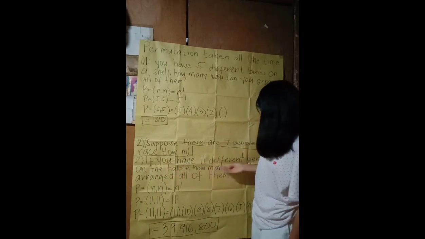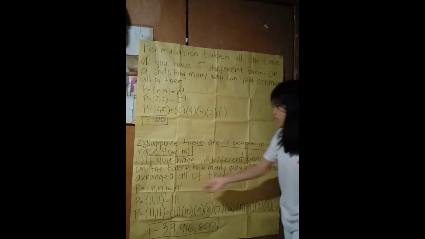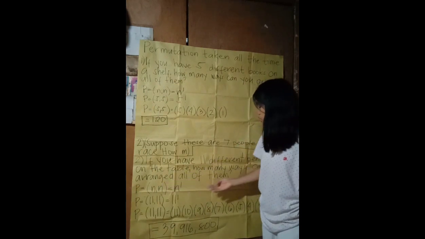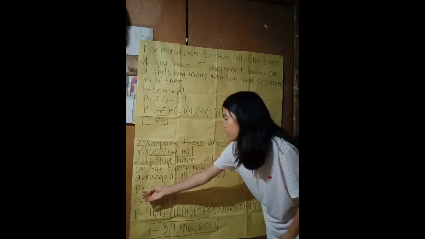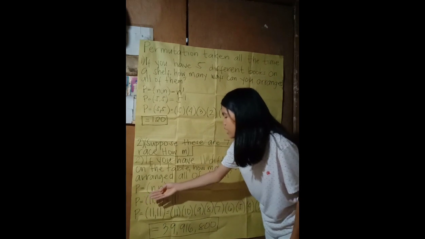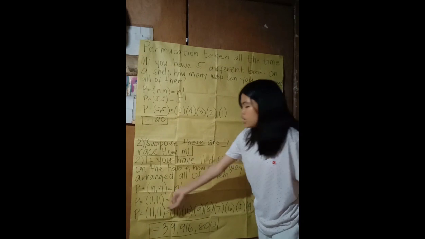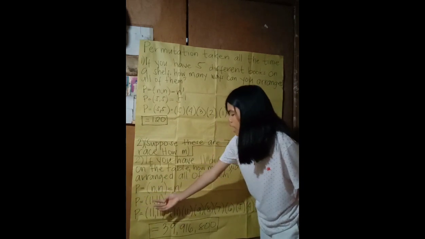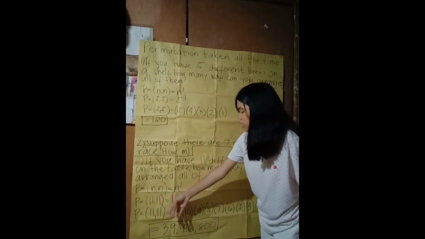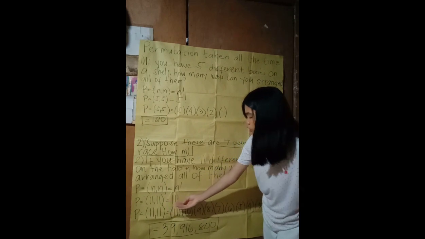If you have 11 different pencils on the table, how many ways can you arrange all of them? So, P(n, n) equals n factorial. So, P(11, 11) is equal to 11 factorial.